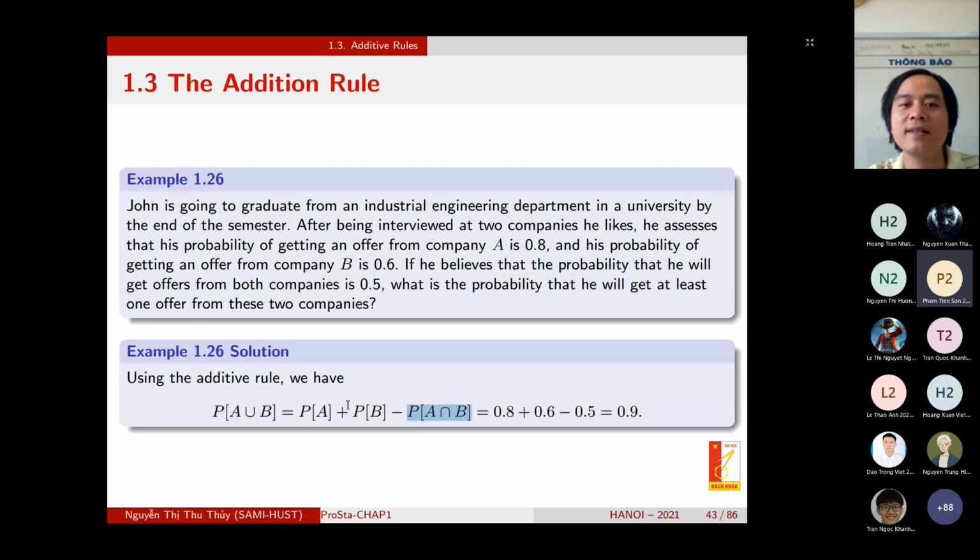Okay, and the intermediate numbers are PA and PB.